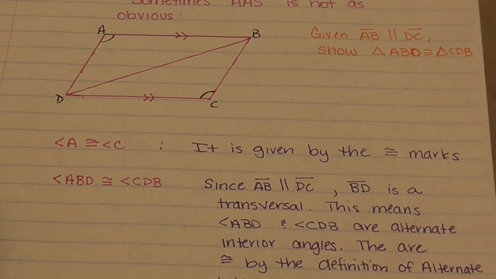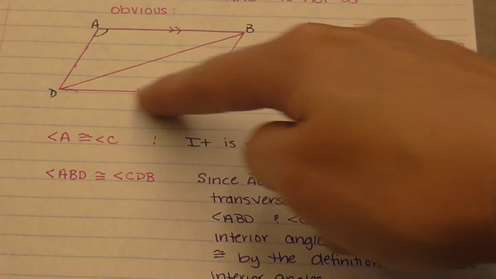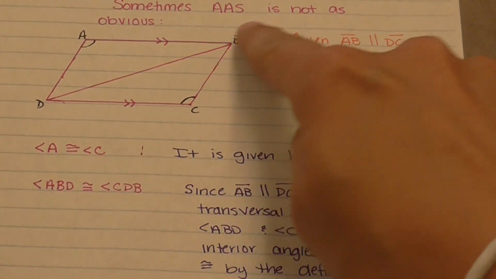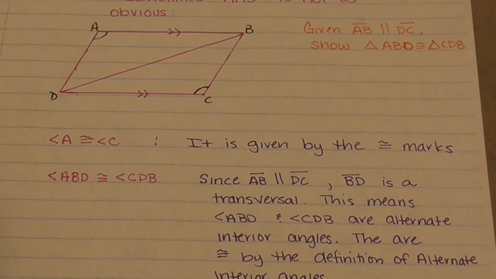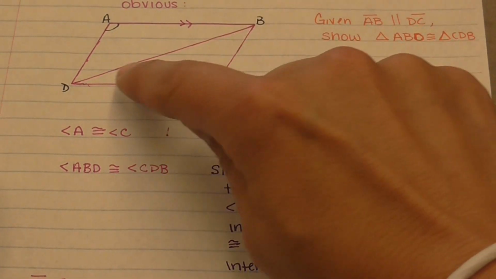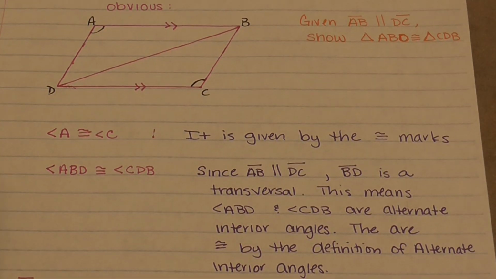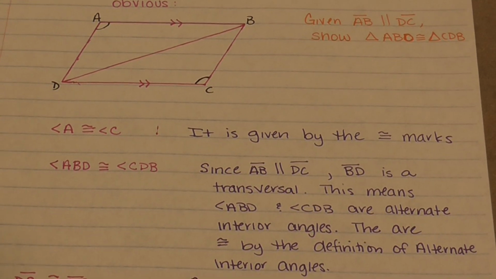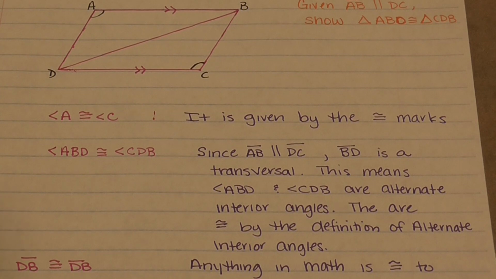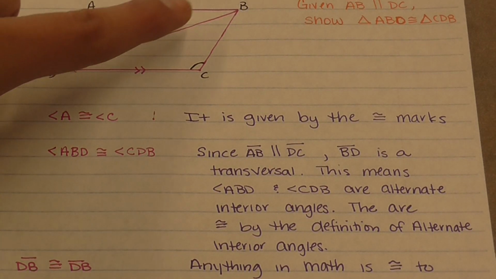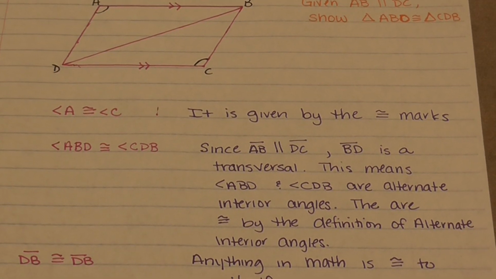If you think of this as two parallel lines and the transversal that cuts between them, then what we have is alternate interior angles. And alternate interior angles are congruent to each other. So I know that this angle is congruent to that one.